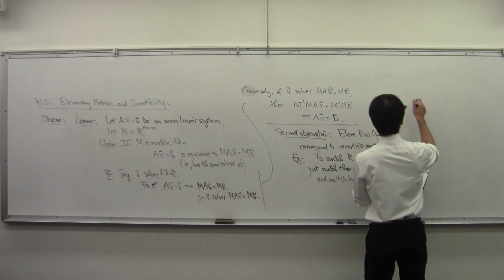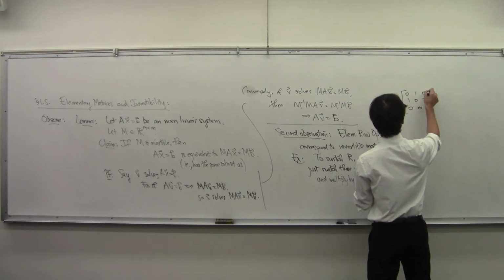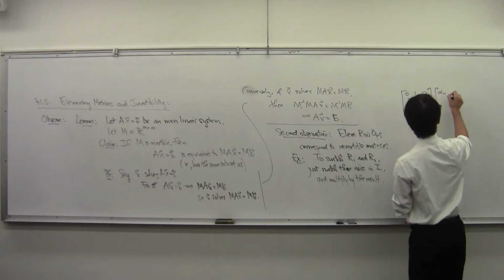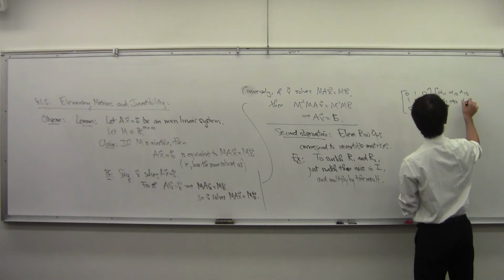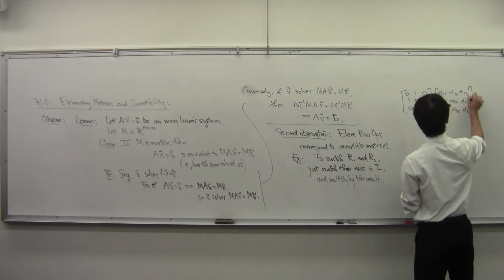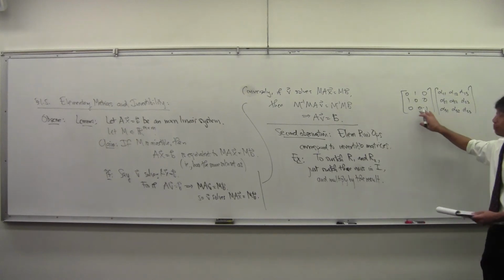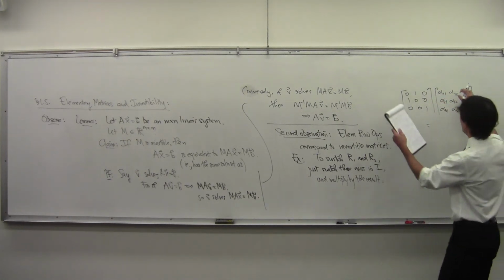So if I take the identity matrix and I switch the first two rows, and I multiply some matrix by the transformed identity matrix, you see what happens.